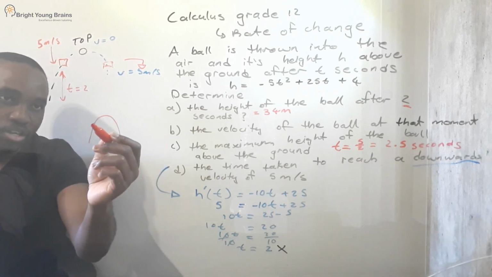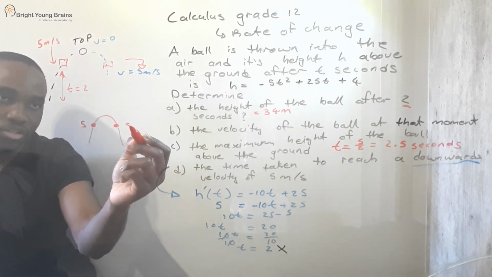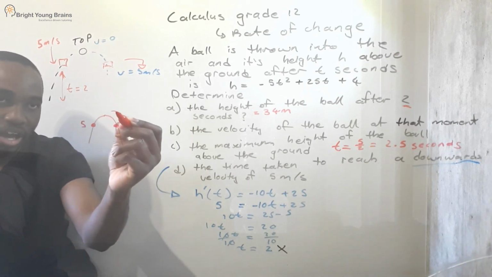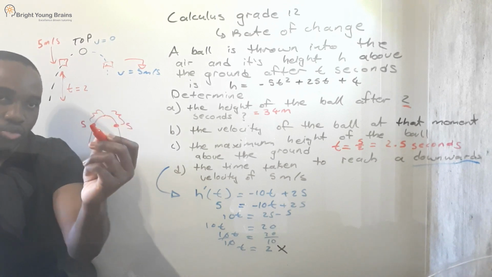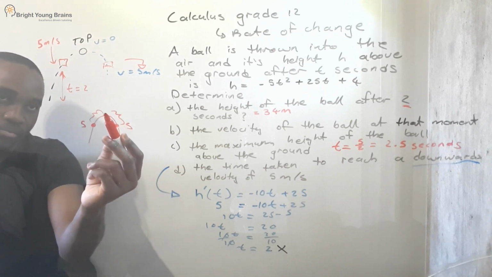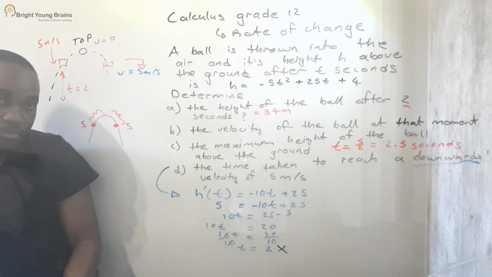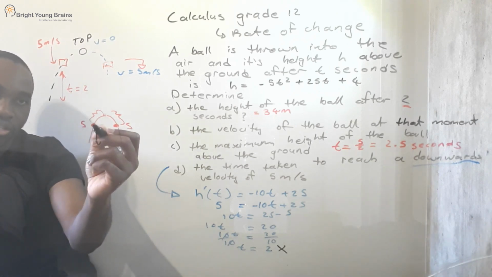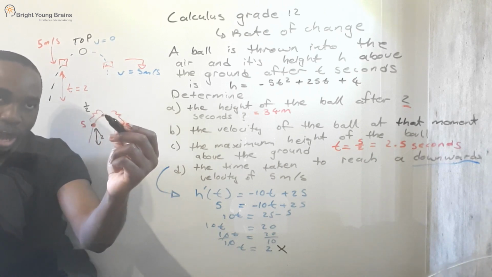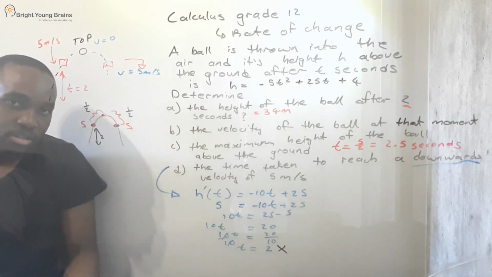So if at this point here the velocity is 5 meters per second, somewhere here the velocity will also be 5 meters per second. And whatever time was taken to go from this distance to there, and then from this position back here, will be the same. So we said it took the ball 2 seconds to reach here, and then half a second to reach the top. Now, half a second later, it is going to be going at 5 meters per second again.